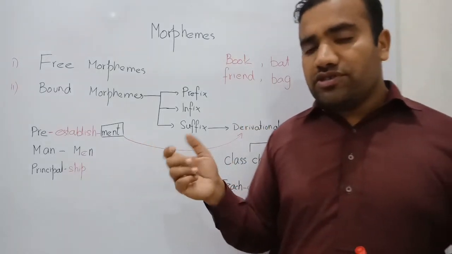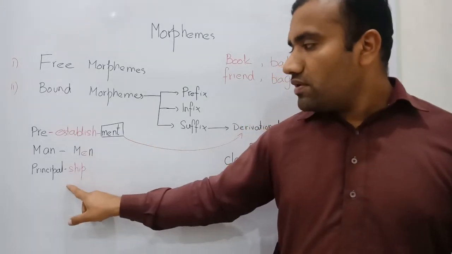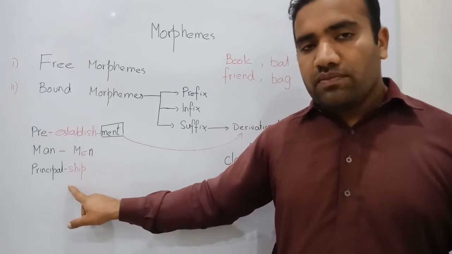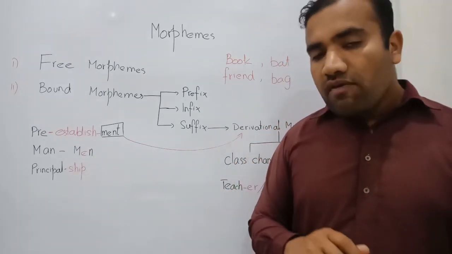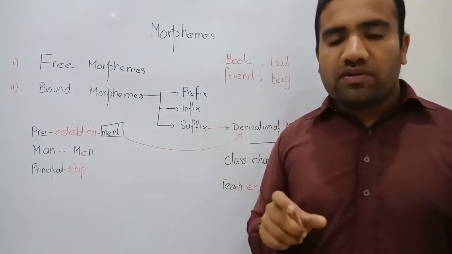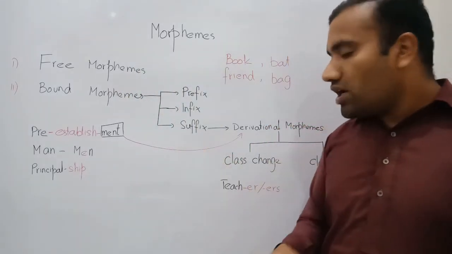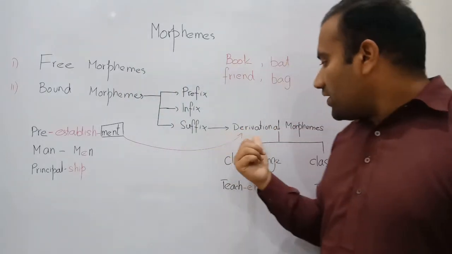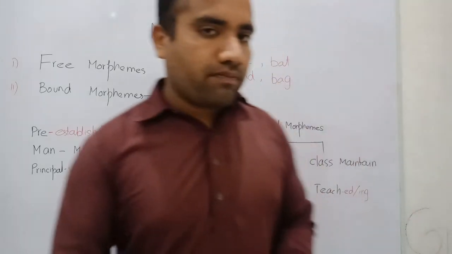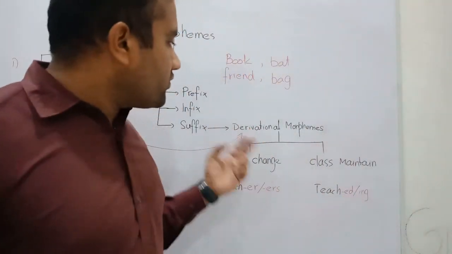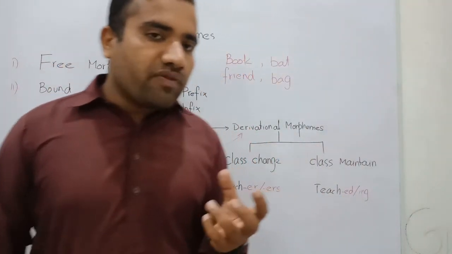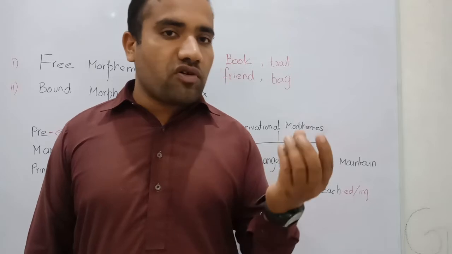When we insert suffix with the free morpheme, this is called the derivational morpheme. Derivational morphemes are of two types. Derivational morpheme derives a new word, a new class of word.